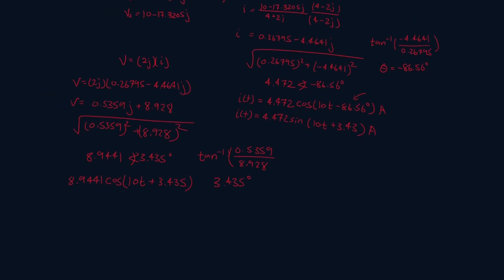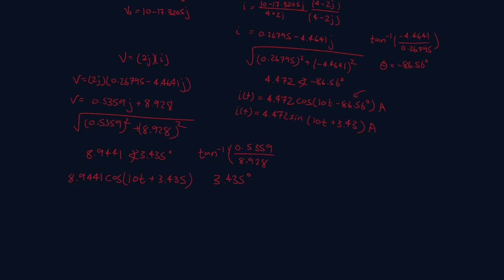Now to turn this into sine format, you just add 90 to this. So this will be your VT value, and this is in volts.